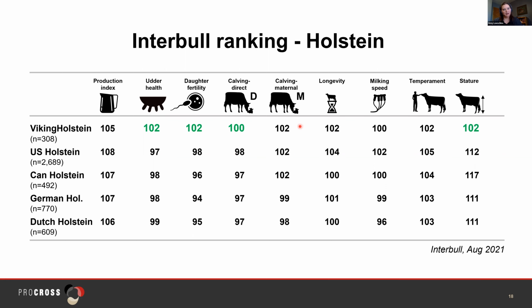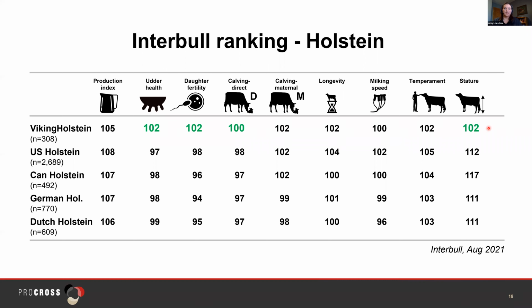The maternal calving traits are about equal between these populations, as are their longevity, their milking speed, not a lot of difference in temperament. But then over here in stature, we do see a big reduction for Viking Holstein, and they've really emphasized a smaller frame size of cow throughout recent history and longer.